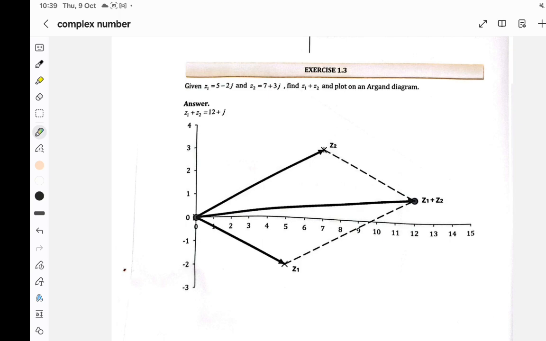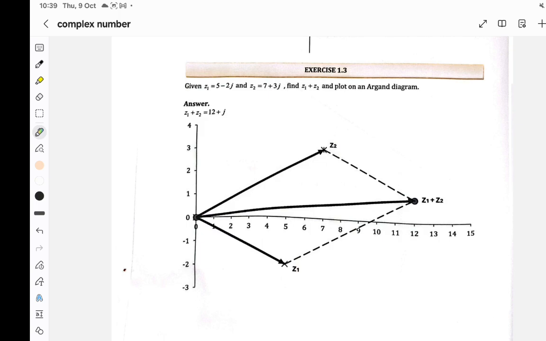So how will it look in an Argand diagram? If we just plot z1 and z2 individually, this is where they should be, without any relationship whatsoever.